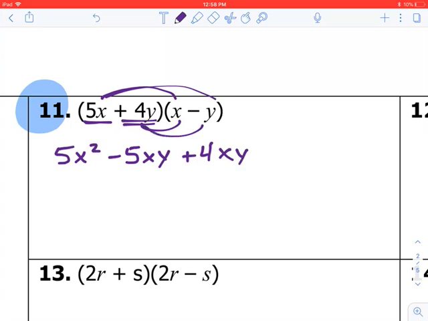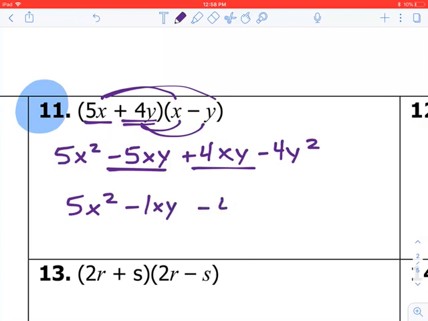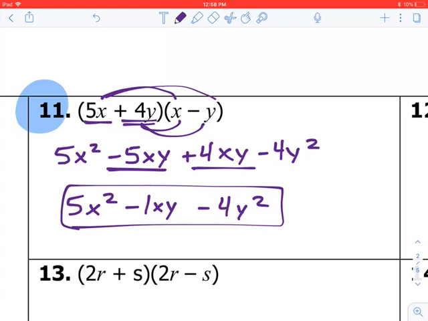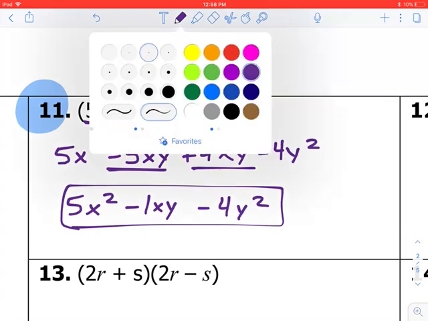And then 4 times negative 1 is negative 4. Y times y is y squared. And so in this case, xy and xy, those are like terms. So 5x squared stays the same. Negative 5 plus 4 is negative 1xy. And then negative 4y squared. There it is. Don't need to rearrange here because all these are 2, so 2, 2, 2, no rearranging needed.